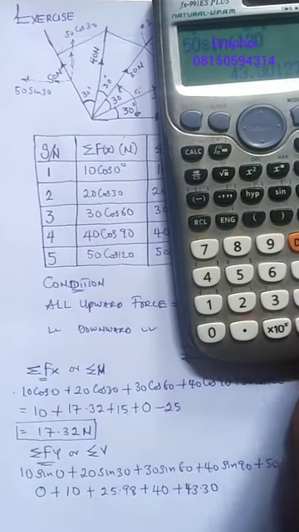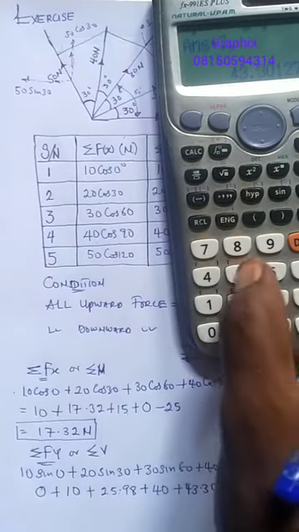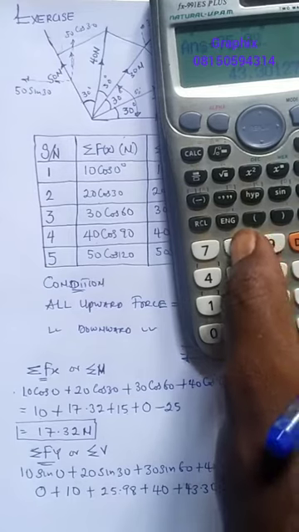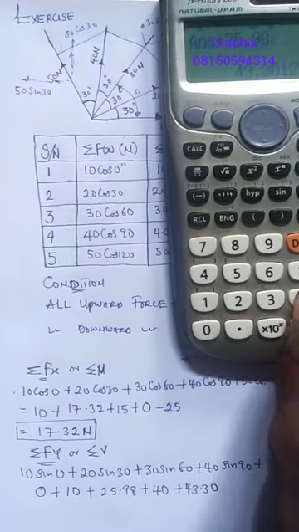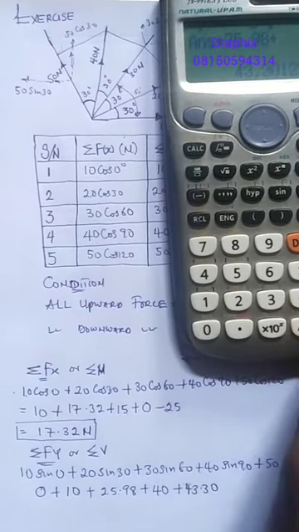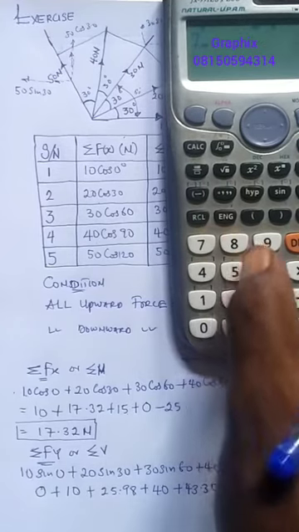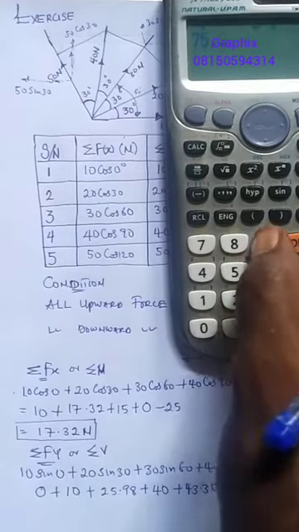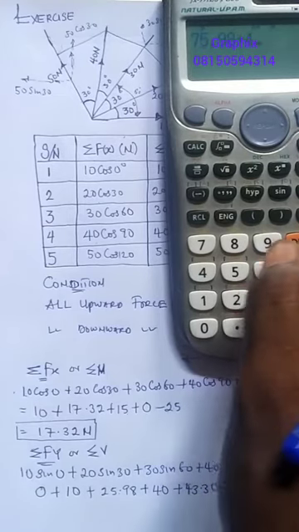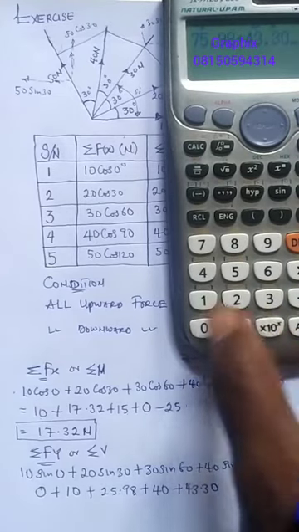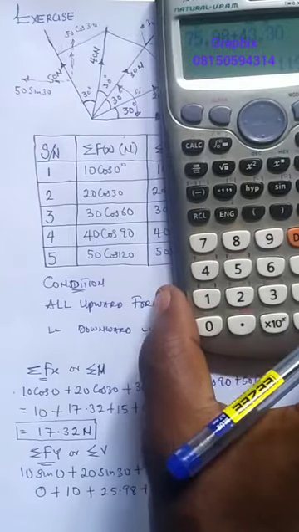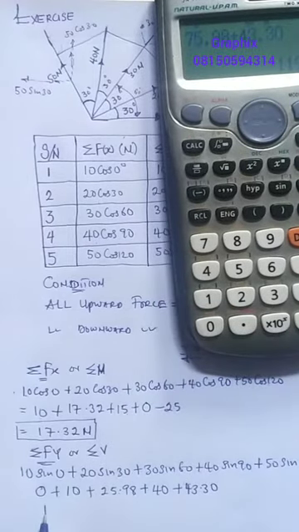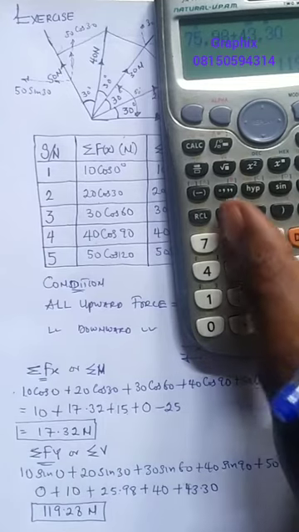So 75.98 plus 43.30 will give me 119.28. We have 119.28 Newton. So this is my summation of F of y. Right? So what you do here is this.